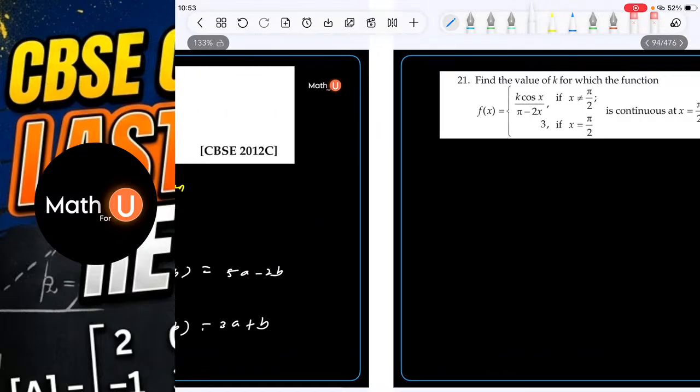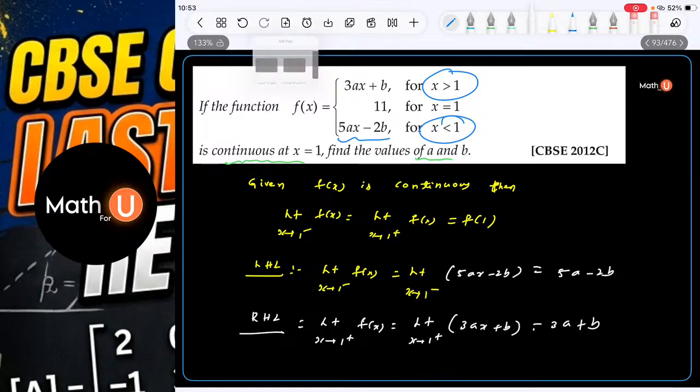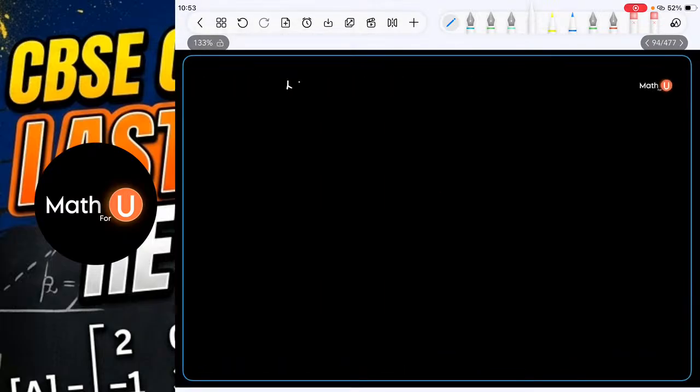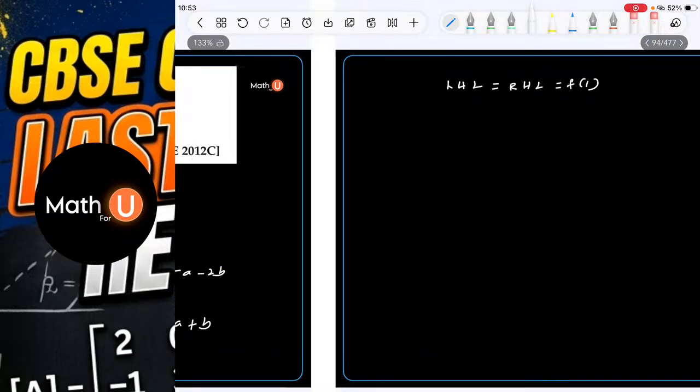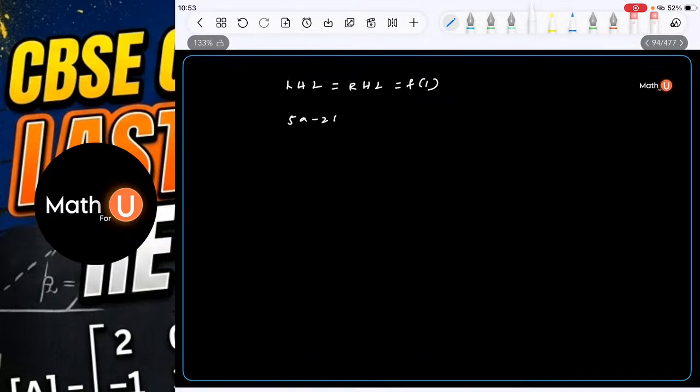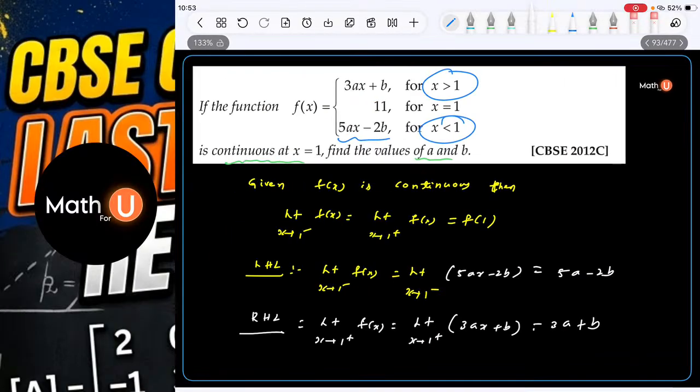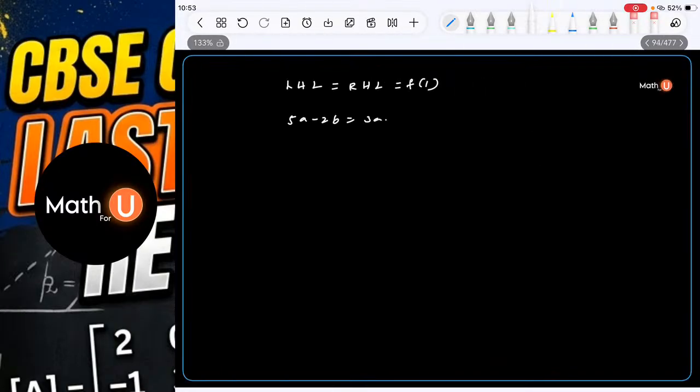Then left hand limit is equal to right hand limit is equal to functional value. How much is LHL? 5a minus 2b, that is equal to RHL, that is 3a plus b, that is equal to 11.